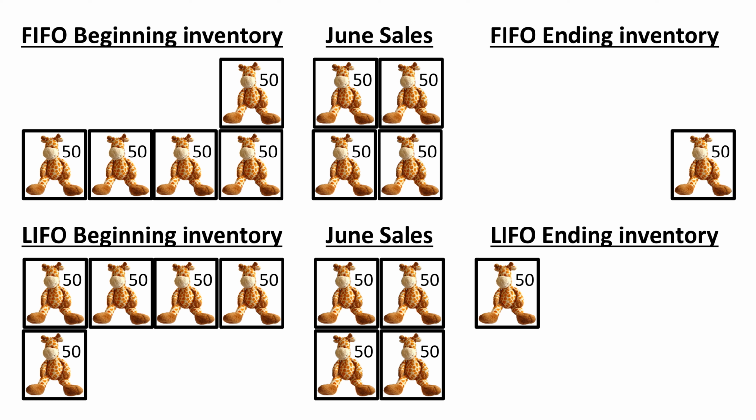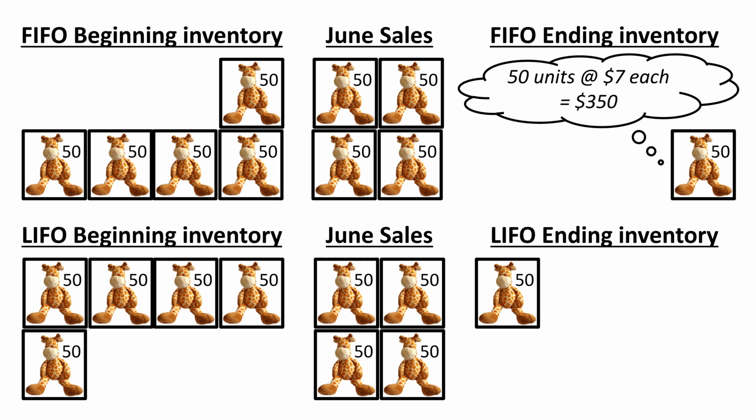That's why. When applying FIFO, the ending inventory in June is 50 units valued at $7 per unit, $350. The ending inventory under FIFO, in this example, is $50 higher than that under the average cost method. And if the inventory value is $50 higher, then the cost of goods sold, the offset, is $50 lower.